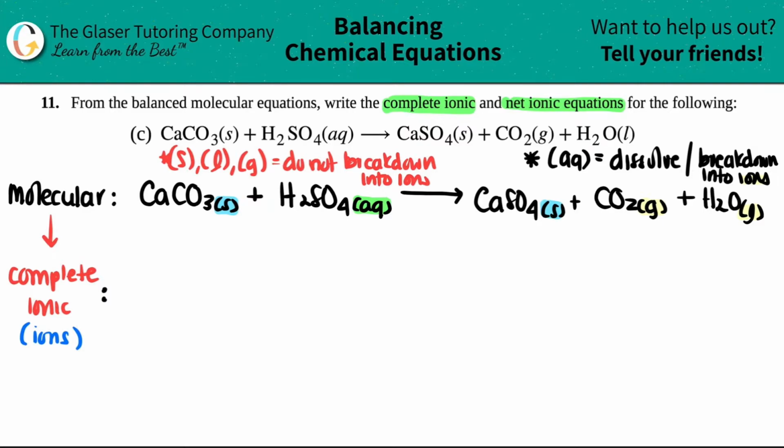So let's just run through this. Calcium carbonate was a solid. According to what we just said, solids do not break down into ions. So I can't really do anything with this when I make my complete ionic equation. However, H2SO4 is aqueous. That means it's going to break down into its two separate components.